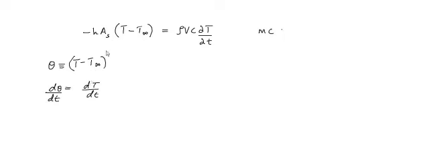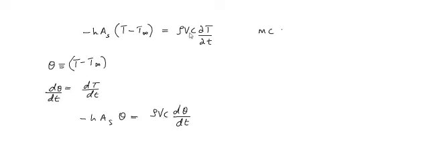Then we can write this equation as minus hAs times theta equal to rho Vc times d theta over dt, where c is the specific heat, not a subscript.